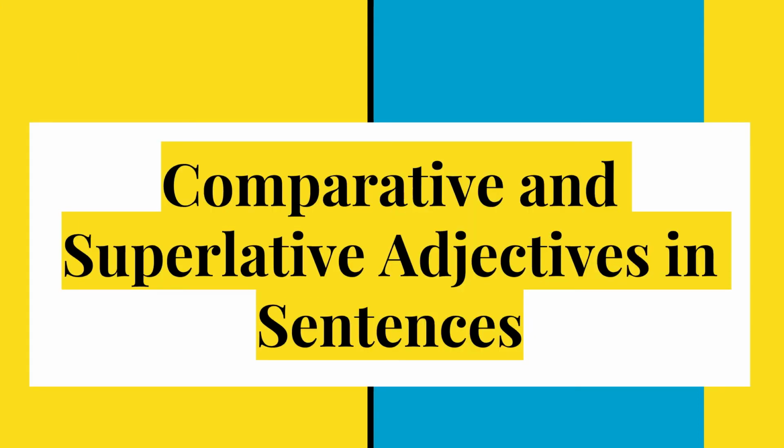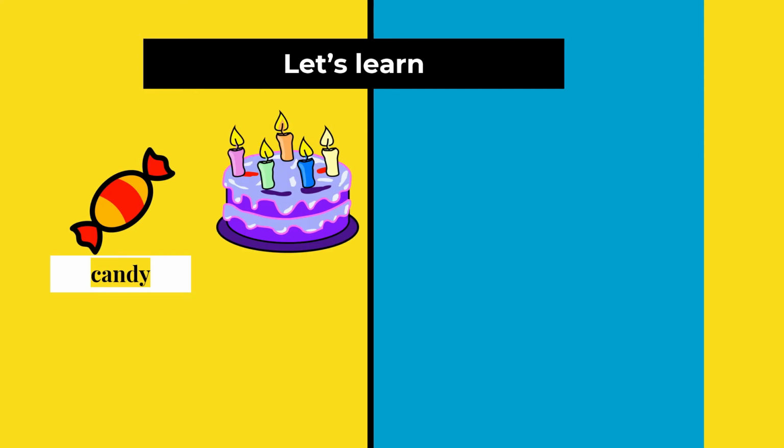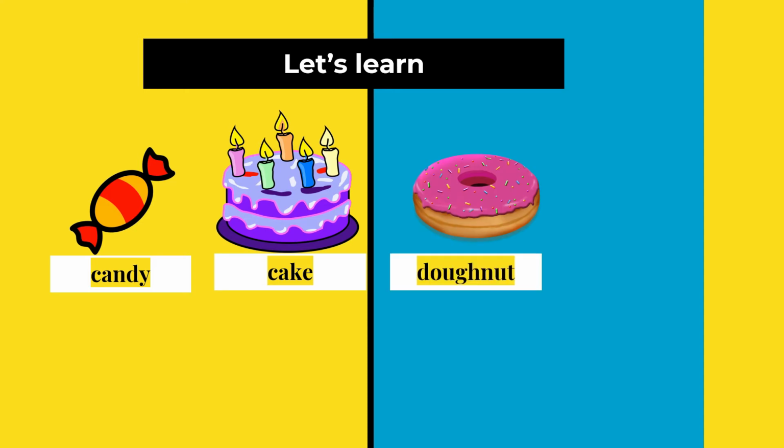Alright, now let's see how to use the comparative and superlative adjectives in sentences. Let's learn together. This is a candy, right? A candy. This is a cake. Yes, a cake. And a donut. So what is the adjective for these nouns?